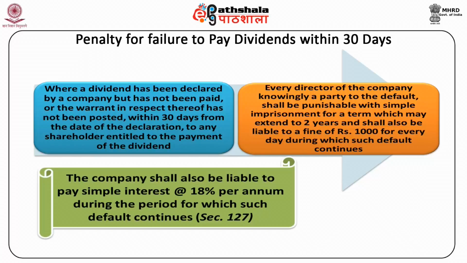The company shall also be liable to pay simple interest at the rate of 18% per annum during the period for which such default continues. Section 127.